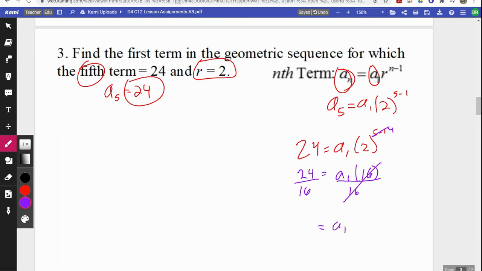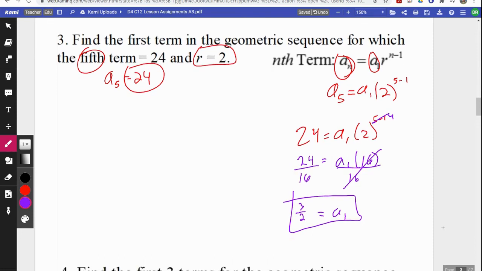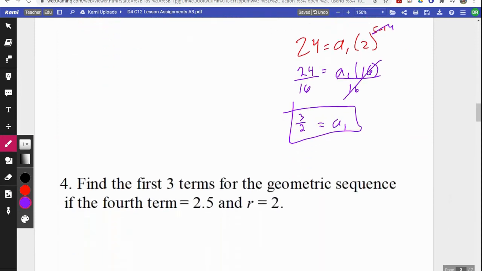If you take out an 8, we would get 3/2 or 1.5, and that is our first term. So it's just regular solving an equation, but we have to plug in the things we know using this formula. We need a base knowledge of sequences to know what information they're giving us. But the formula is not changing.